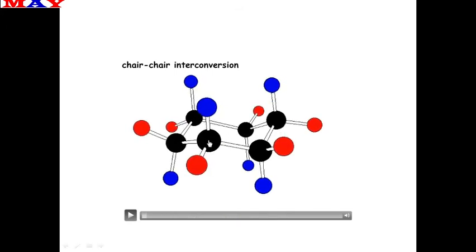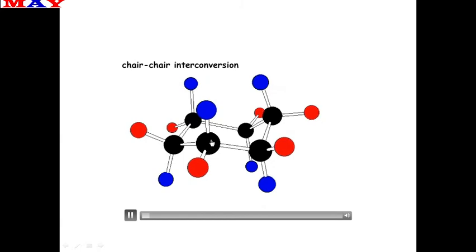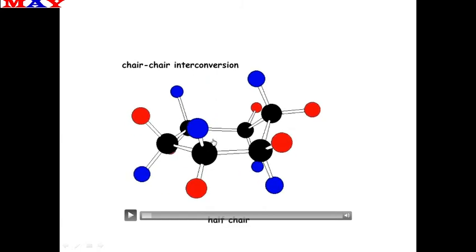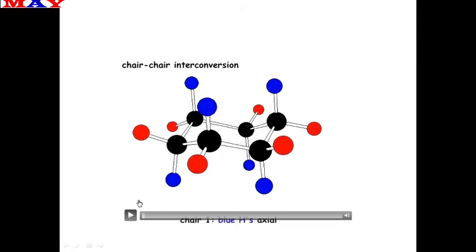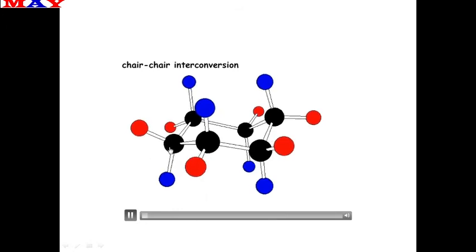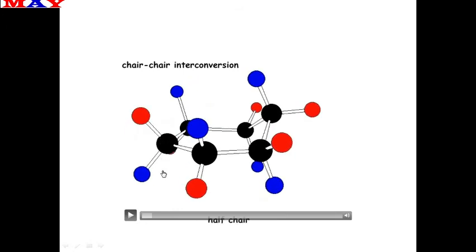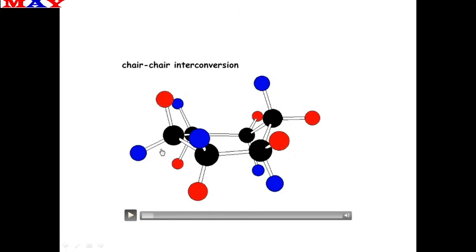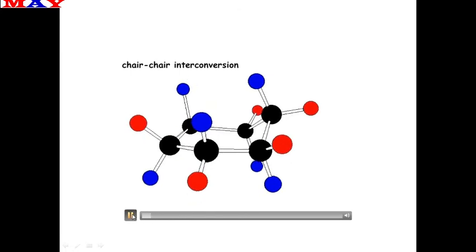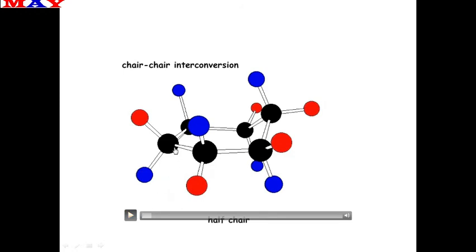So what is happening here is this lower part has come up, and we are getting a different form of cyclohexane. So the chair form has changed. As you can see, this part is coming up slowly. So this is the half chair form.